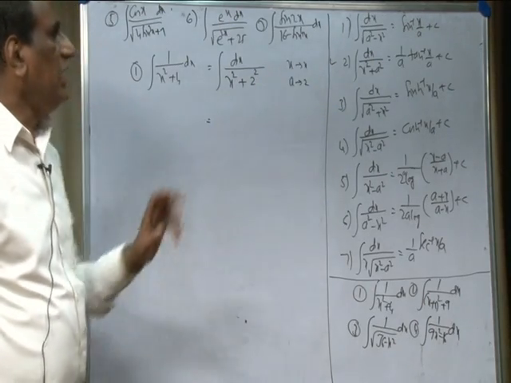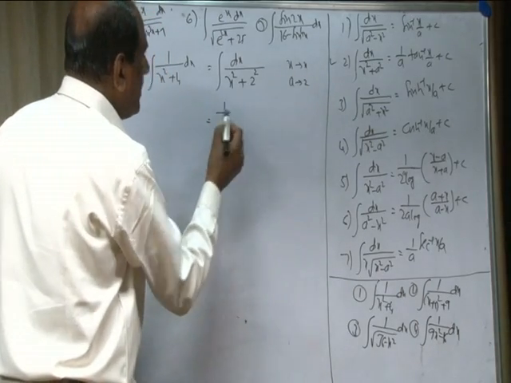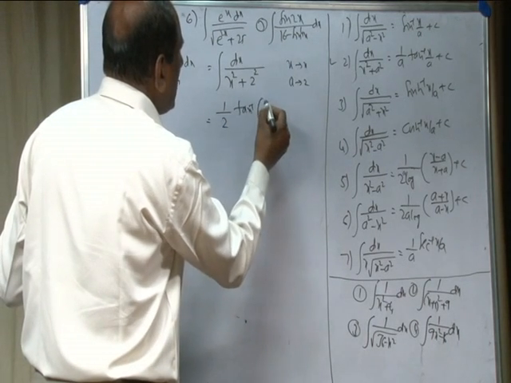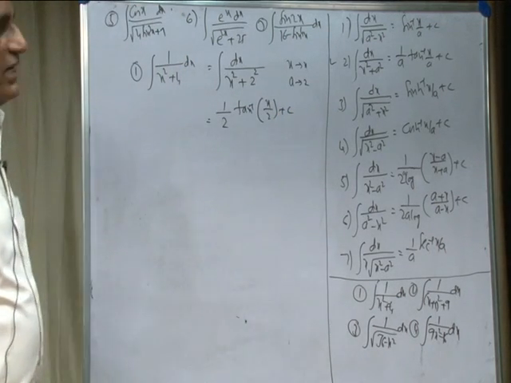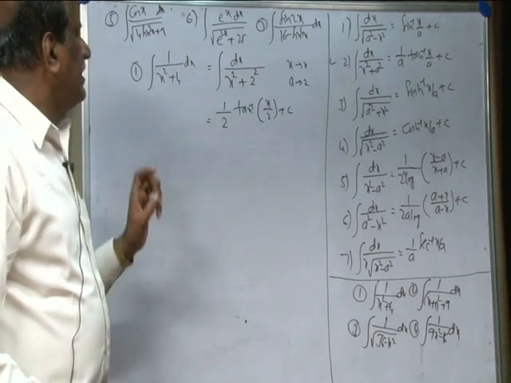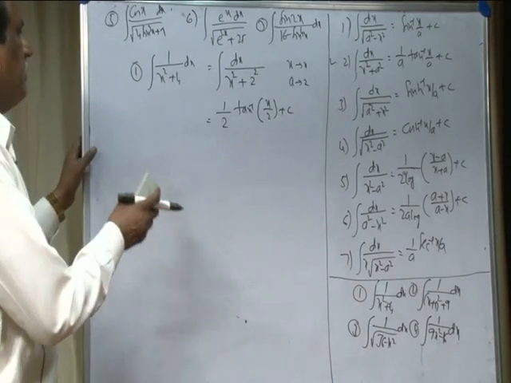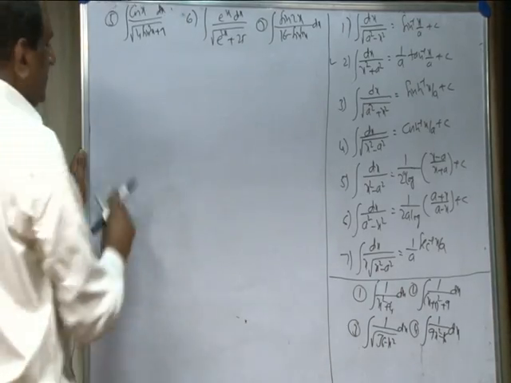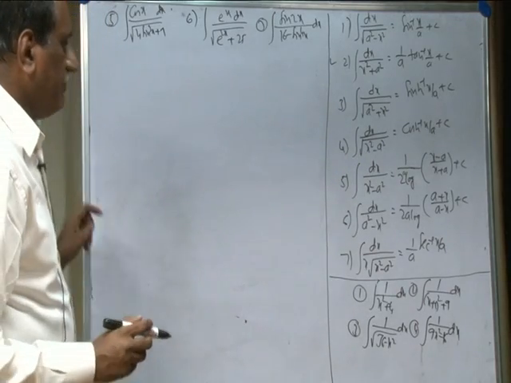Substitute these in the result: 1 by a is 1 by 2, tan inverse of x by a is x by 2, and after integration write the constant of integration, that is c. So, this is the procedure to integrate a function in the form 1 by x square plus a square. First problem is over. Now, second problem. Problems are easy, only you must note the formula in the correct form.